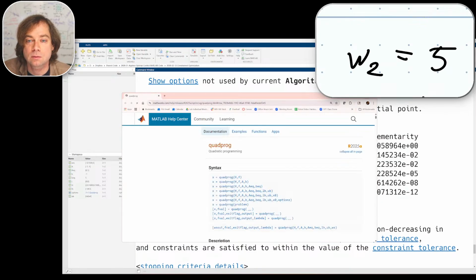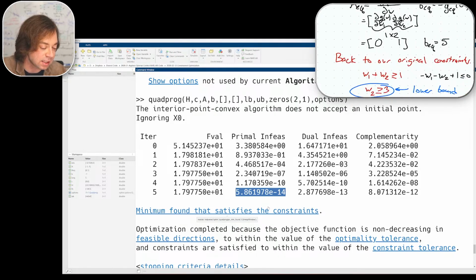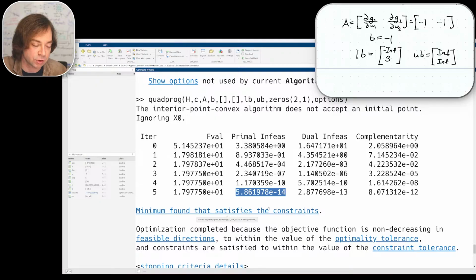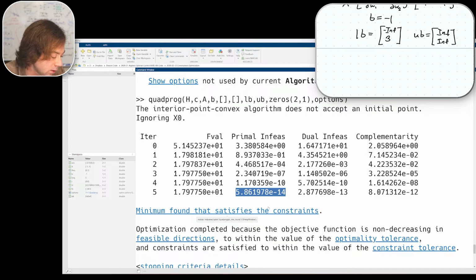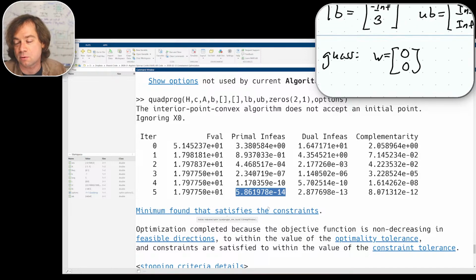What I mean by that is, if I gave it an initial guess, I'll write it over here. Let's say you have a guess, and I arbitrarily said, what if w is 0 and 0? Is that the solution? The answer is no. We know the answer is not 0 and 0.